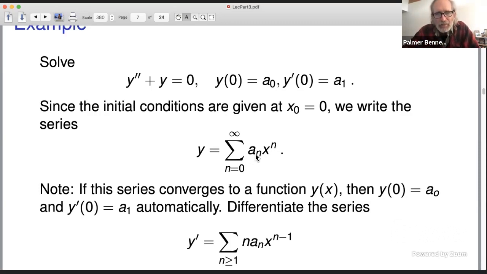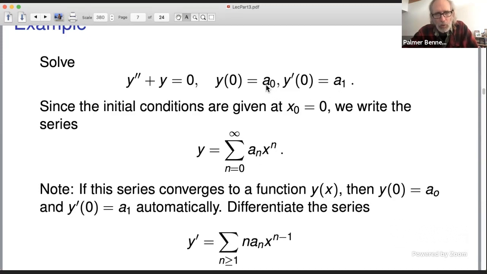Okay, and this means that if this series converges, it will represent a function, and when we plug in x equals 0 to this function, we get a0. And if we differentiate this power series and plug in x equals 0, we'll get a1.